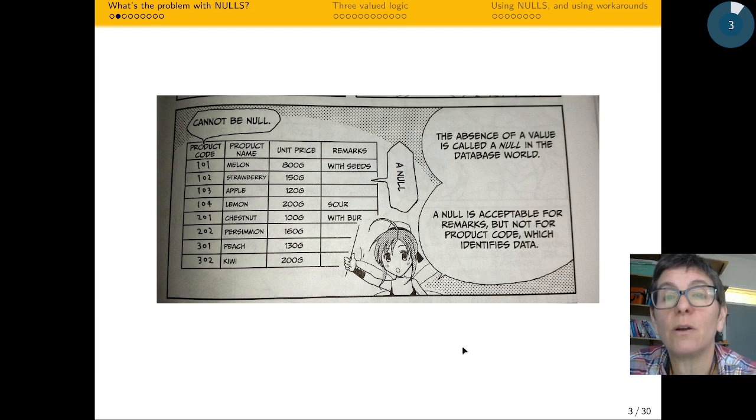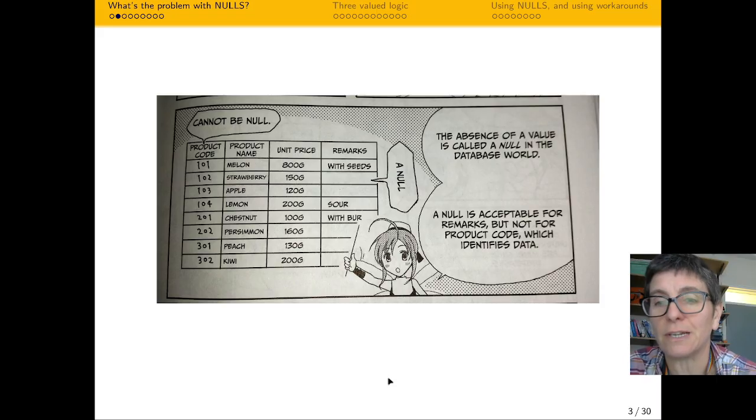So, the basic idea about nulls, and this is a quick screen grab from my favourite database textbook, the Manga Guide to Databases, which is databases taught through the medium of a kingdom which exports fruit and has a database fairy that explains how databases work. Anyway, what the database fairy is explaining in this particular photograph of a textbook is that certain things in a database can't be null.